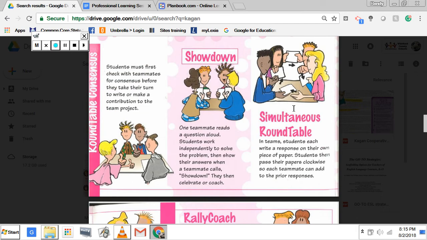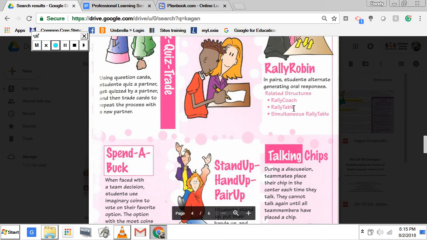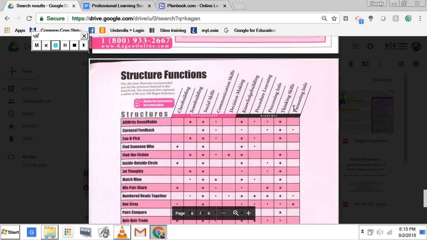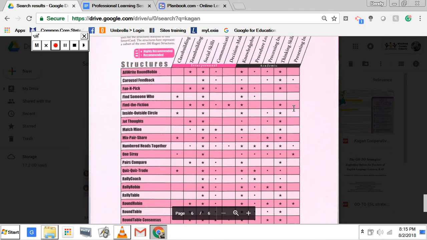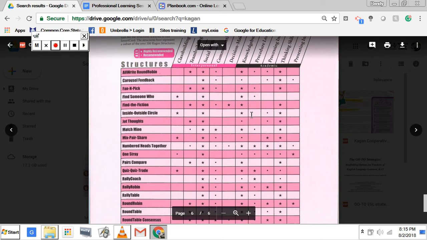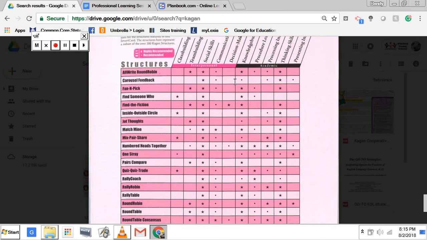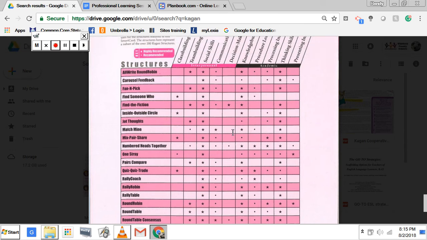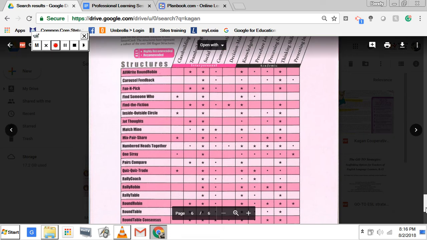or that's a good way to make groups too. Alright, anyway, so the thing I like about this first card that I'm showing you is if you go all the way to the bottom, or the last page, you have this page, and if you look up here, like if you're looking for something specific, if you want the kids to learn decision making, okay, then you can find the activities on this card and other cards that support decision making.